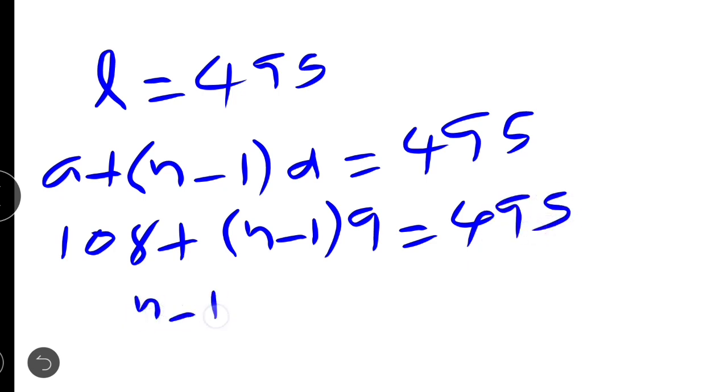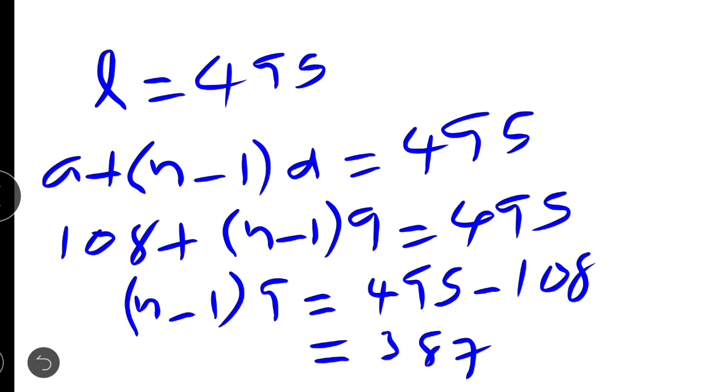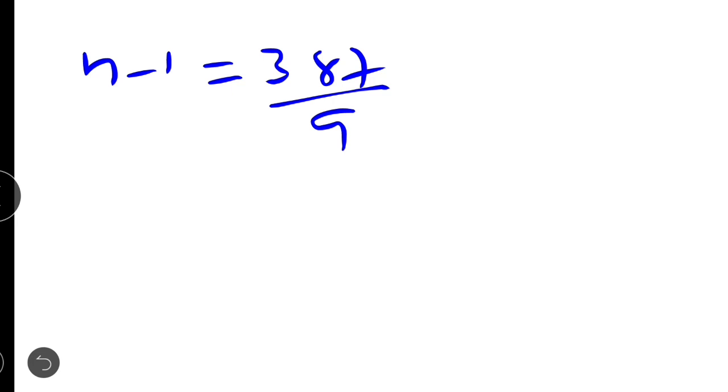So n minus 1 into 9 equals 495 minus 108. 495 minus 108: 15 minus 8 is 7, 8 minus 0 is 8, 4 minus 1 is 3. So 387. So n minus 1 equals 387 by 9.